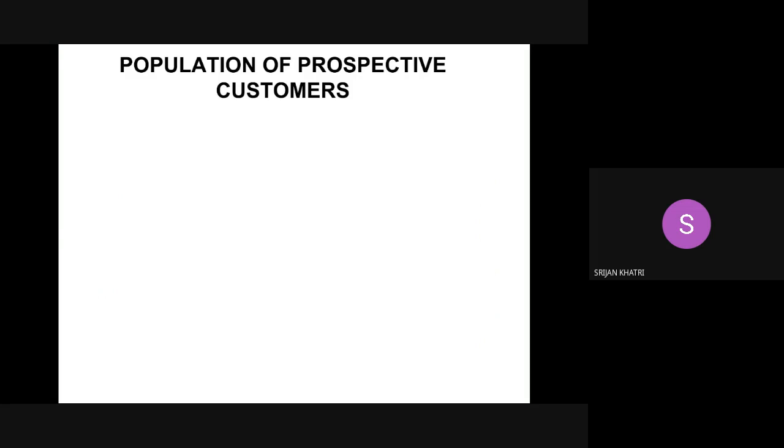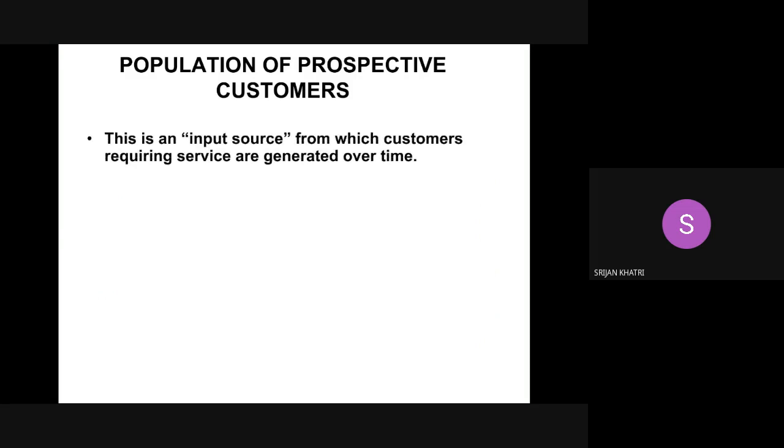So from there the customers are generated. This is an input source from which customers requiring service are generated over the time, right?